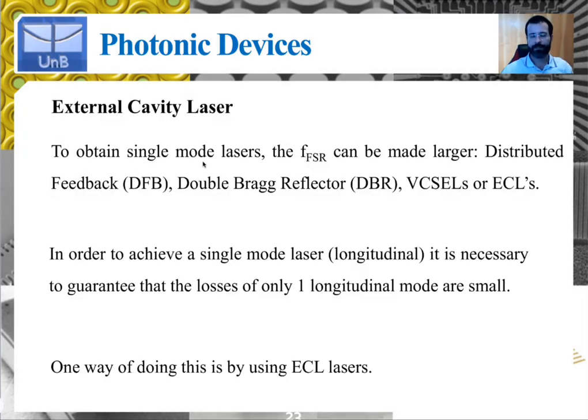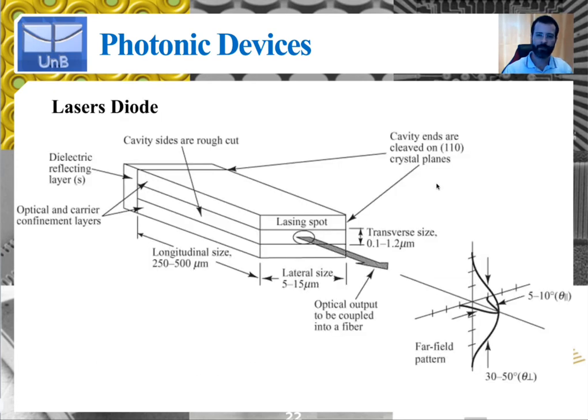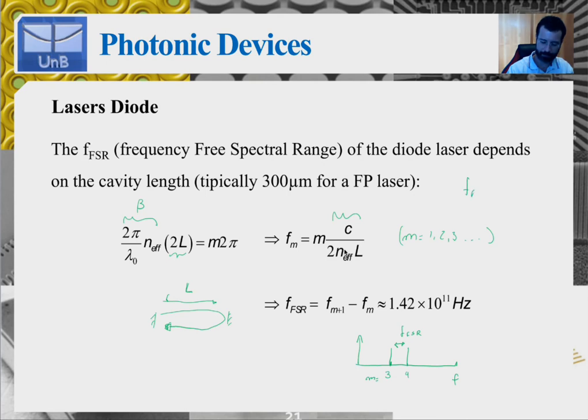So to obtain single mode lasers, single frequency lasers, the frequency FSR can be made much larger, again by making the cavity smaller, which can be seen considering that FSR is going to be equal to c divided by 2 n_eff times L. If we can make L smaller, the frequency FSR will automatically be larger. Okay, so what we want to do is reduce the size of the cavity.